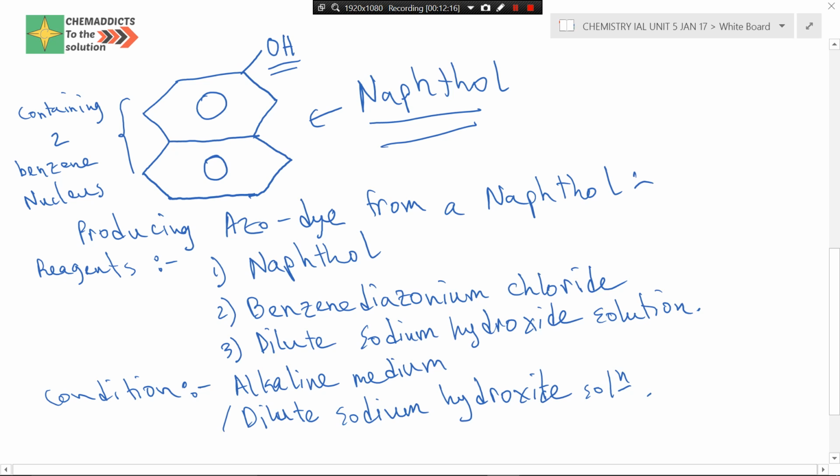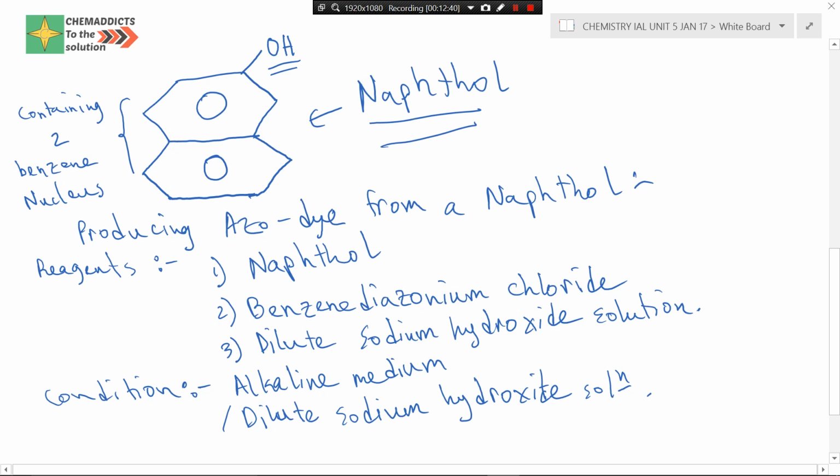so here we can synthesize a naphthol azo dye. We can produce an azo dye from a naphthol by using the reagent benzene diazonium chloride, with dilute sodium hydroxide solution as the medium. The condition is an alkaline medium, and dilute sodium hydroxide solution we can use as the medium.